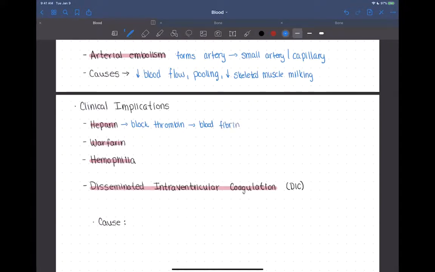So fibrin is not available to form that clot. Whoops, I meant to say it's a blood thinner. I got distracted by my own words. There we go. Warfarin, also a blood thinner, however, acts a different way. Warfarin is a vitamin K antagonist, or blocker.